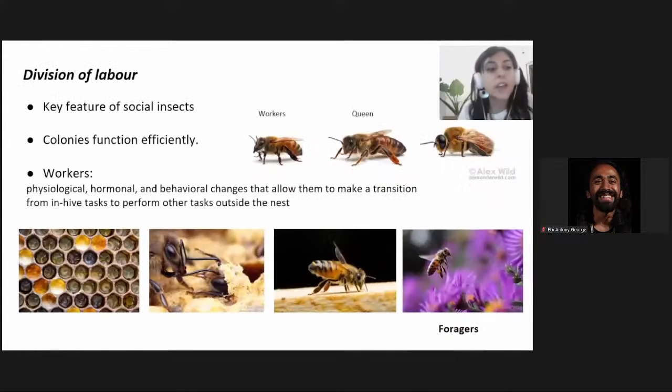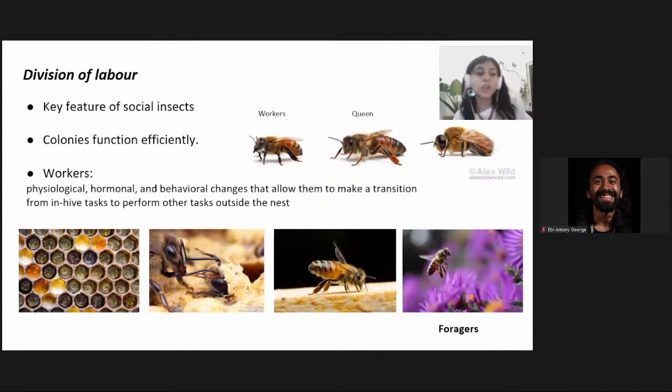Division of labor allows colonies to function efficiently by enabling several activities that are simultaneously performed by groups of specialized individuals.